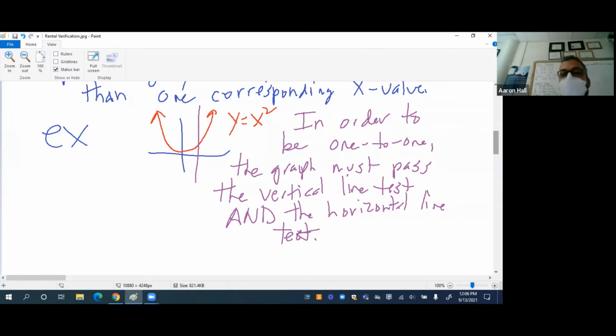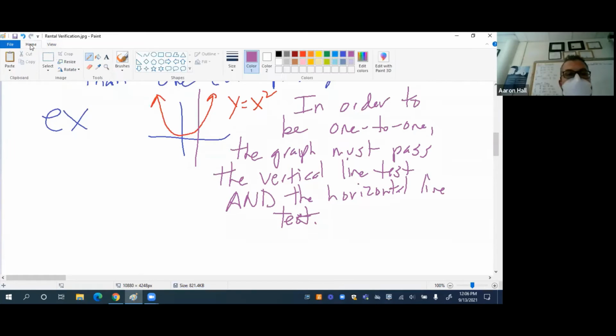So what about this? Is it a function? Yes. I agree with you. It's a function.